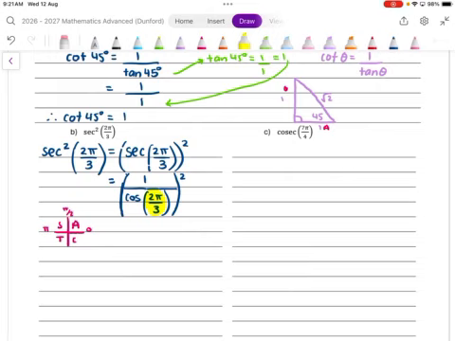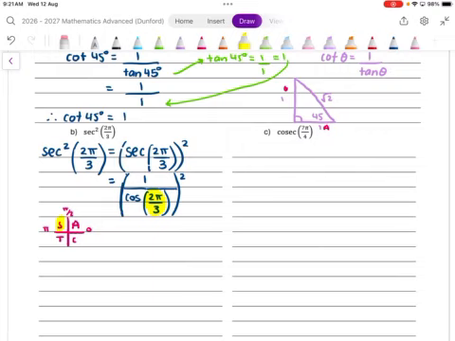Is 2/3 less than a half? No, it's greater than a half. So that means that 2 pi on 3 is going to be between pi on 2 and pi. Does that make sense? So thinking about your fractions, where pi is 1, pi on 2 is a half, 2/3, where does 2/3 fit in that?